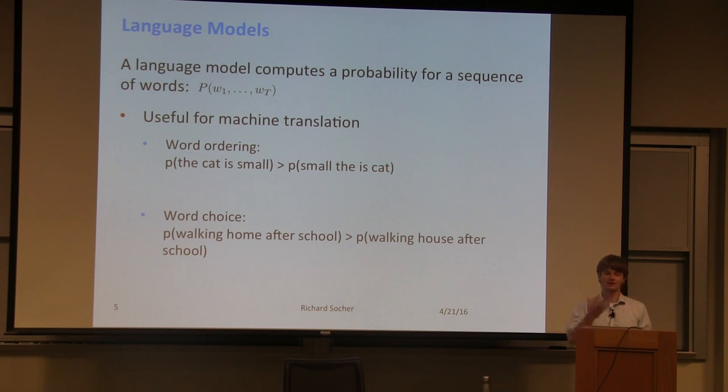But to a machine translation model that just counted how often I see this word next to that word versus not, it might be less obvious. So it's useful if we have basically good probability estimates for sequences. And you can think of similar things in speech recognition, where you say, I want to know the price of wood. And now the word you most often see is wood in the sense of, I would like to do something, and they sound very similar. And so a language model might help you and tell you which of the words is more likely given the sequence of other words in front of it.